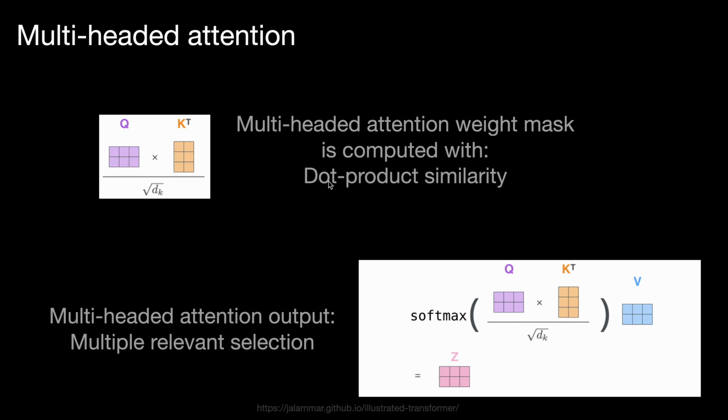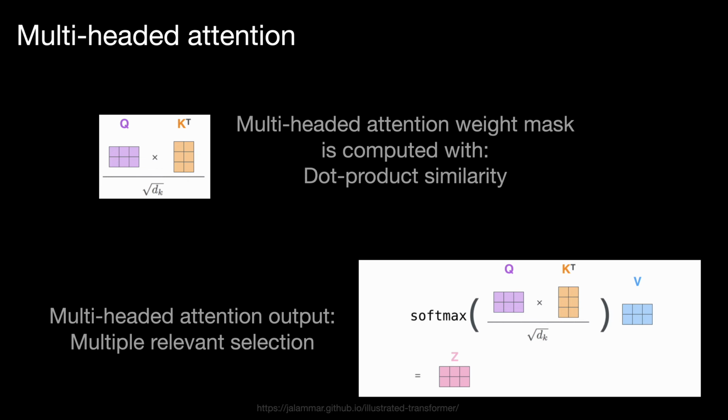So this gives you the ability to find the similarity, and the similarity then creates a weight mask, right? This weight mask is then multiplied again by the value, which is again the same sequence, so that you can output the most relevant pieces of your sequence that you want to focus your attention on.